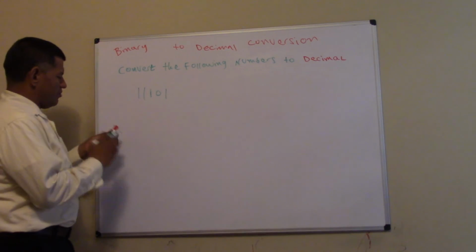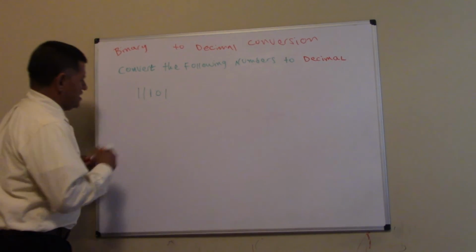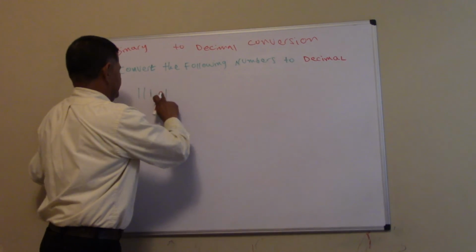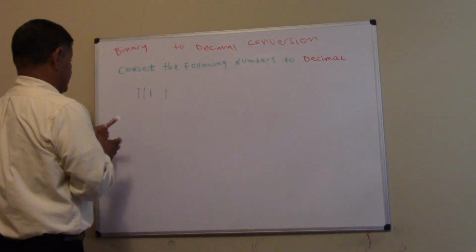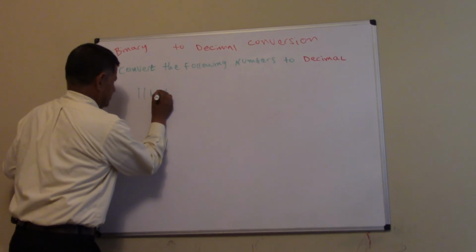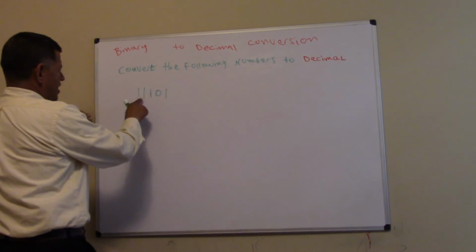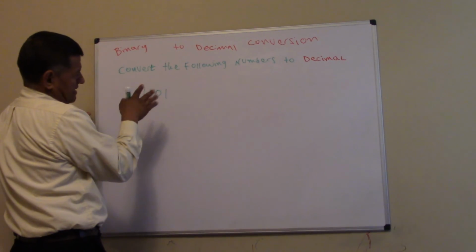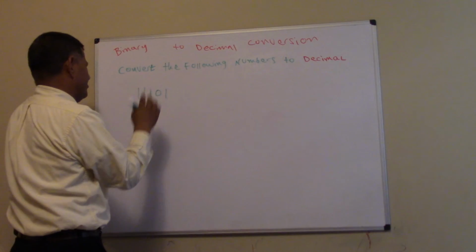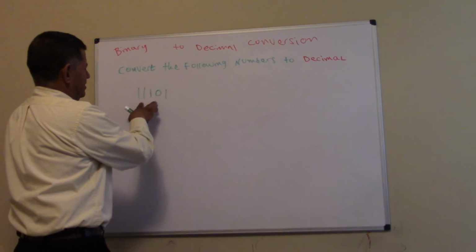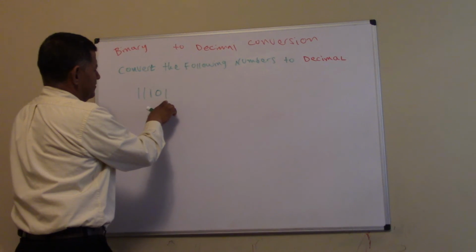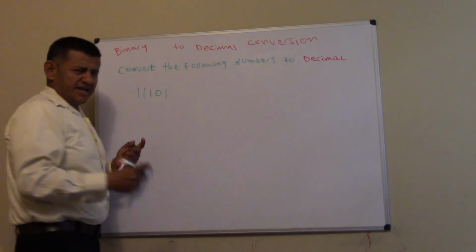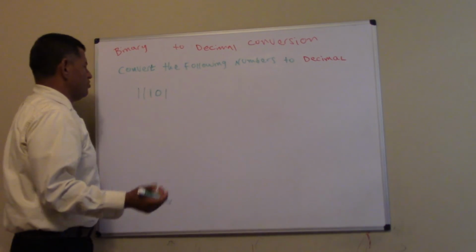Okay, so let's convert this number. So here again I do this. I got 5 bits: 1 2 3 4 5. So this number is going to be close to probably about 20, I don't know, but it's going to be a little more than 15 because I got 5 bits. Anyway, it's going to be greater than 15.